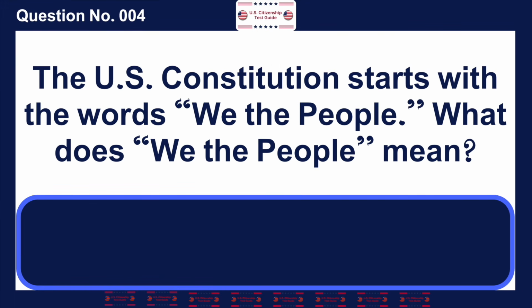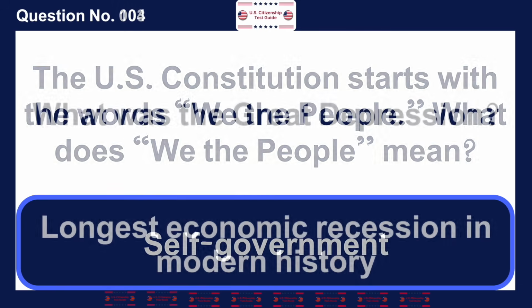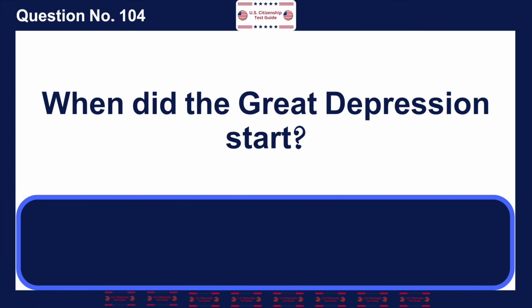The U.S. Constitution starts with the words "We the people." What does "we the people" mean? Self-government. When did the Great Depression start?